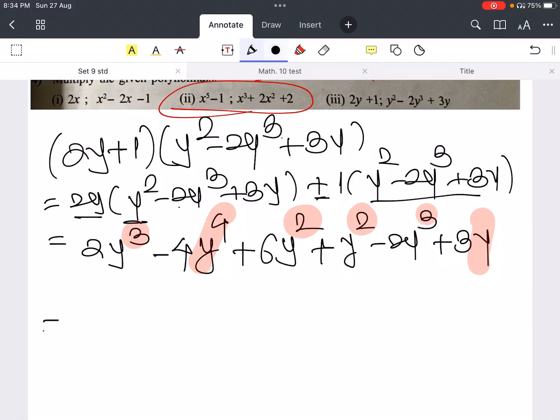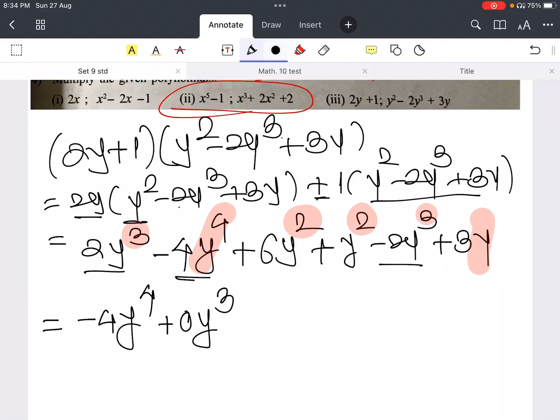We have to write the last equation in index form, or decreasing order of their power. So the highest power is y raised to 4, so minus 4y raised to 4. Next one, 2y cube minus 2y cube, obviously 0 y cube.